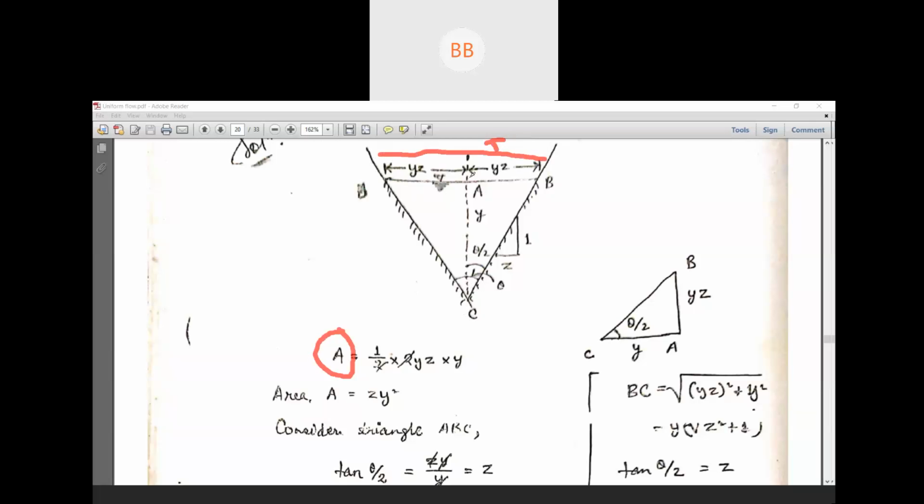So that will be our base. So definitely this is your yz and this is also yz. So that's why we have taken twice yz, multiplied by the depth of flow y. So that is why 2 will be cancelled out and z is there and y into y is y square.